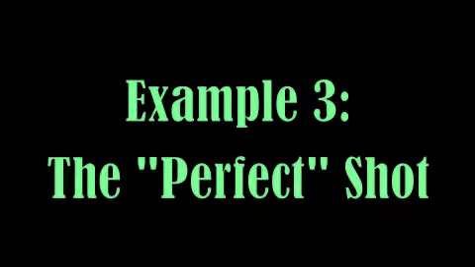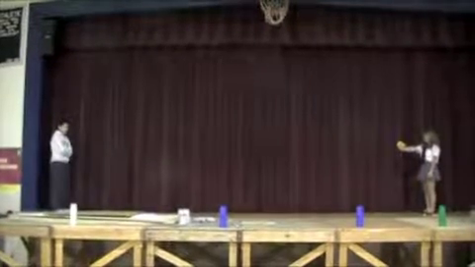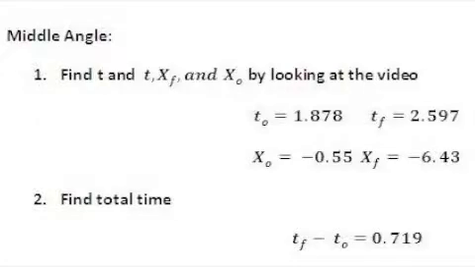Example 3, the perfect shot. Here we actually hit the target. By looking at Logger Pro, we found that t initial is 1.878, t final is 2.597, therefore the total time is 0.719. Our x initial is 0.55 and our x final is 6.43.